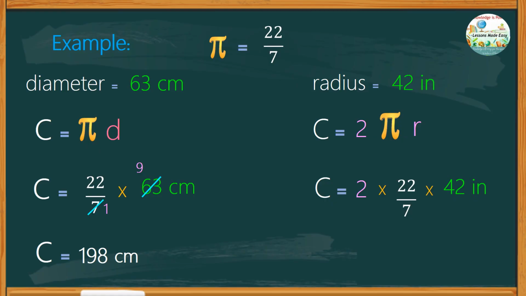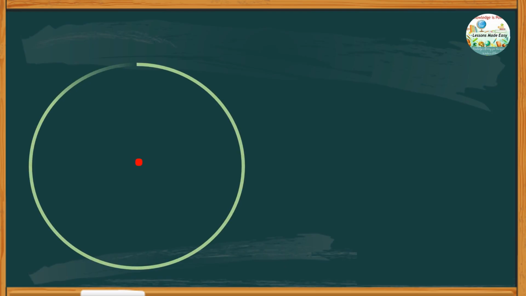Let's simplify these numbers by reducing 42 and 7 to 6 and 1. Now, we only need to get the product of 2, 22, and 6. This would give us a circumference of 264 inches.